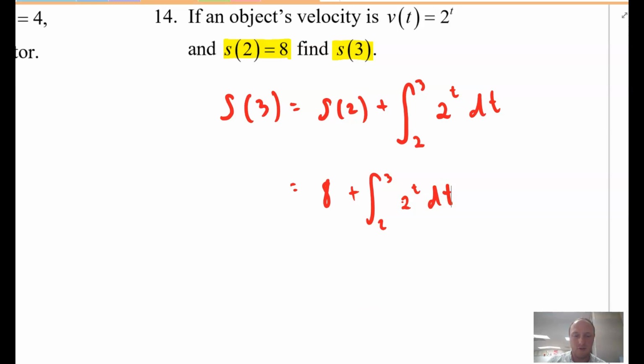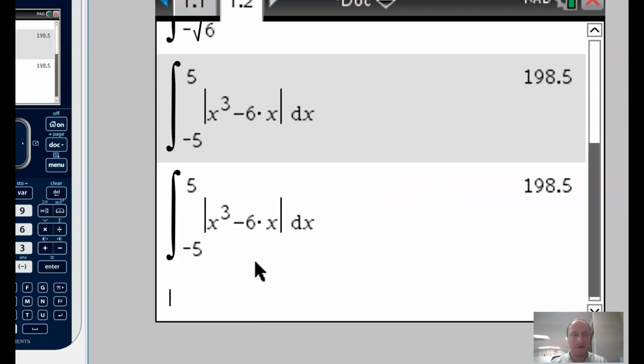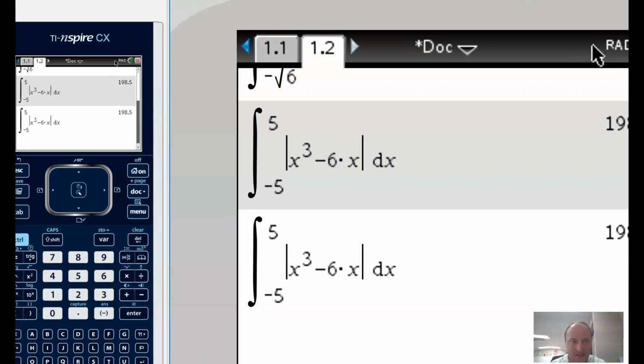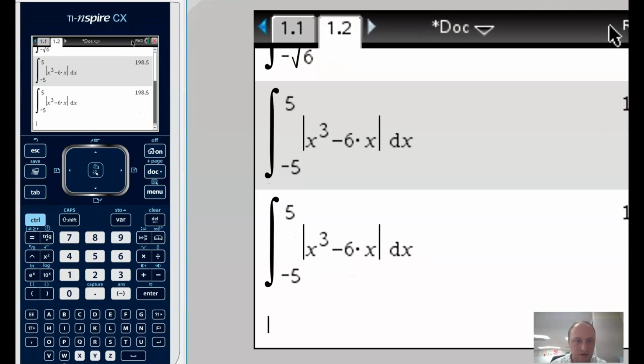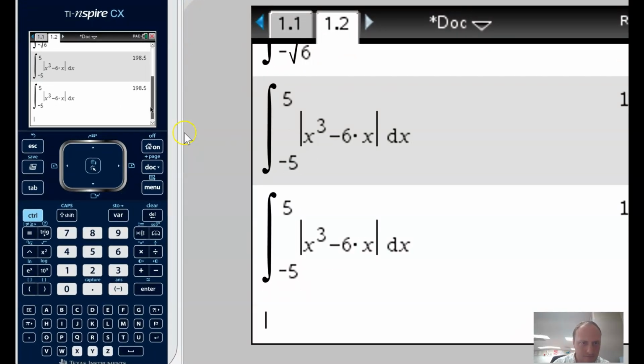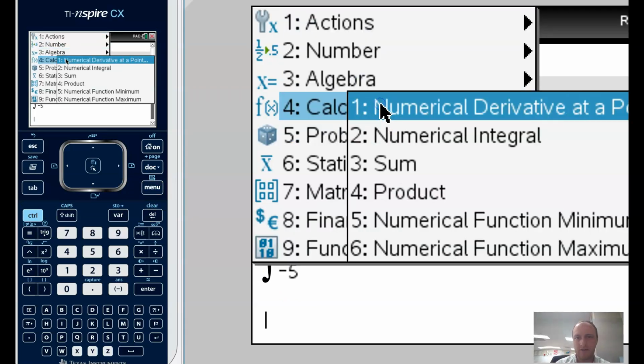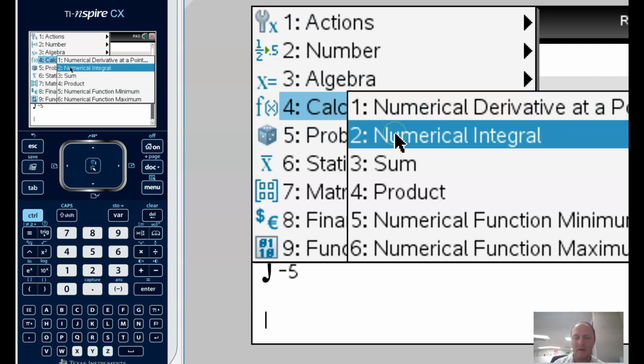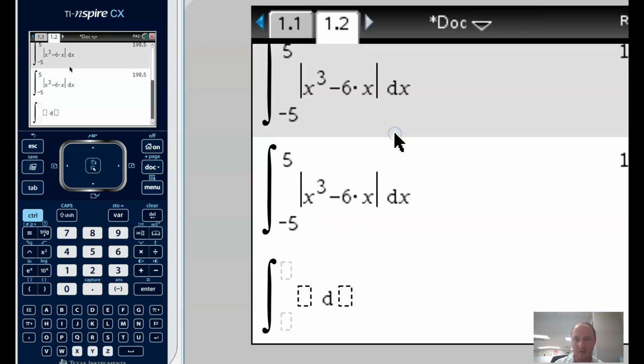So what we're going to do is use our calculator. Hopefully you can kind of see this. I'll place this right over here. I'm going to go ahead and integrate this. So menu, calculus. I want a numerical integral.